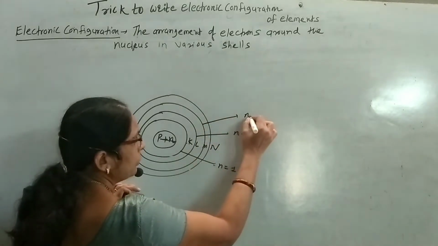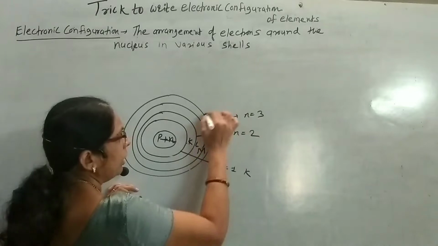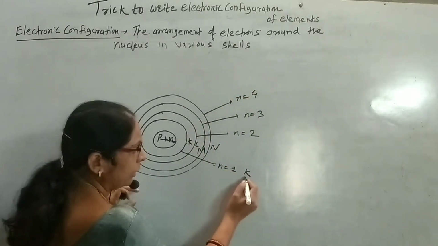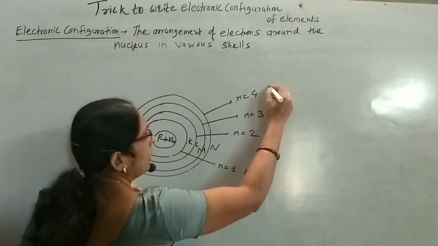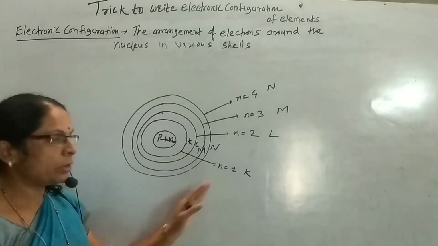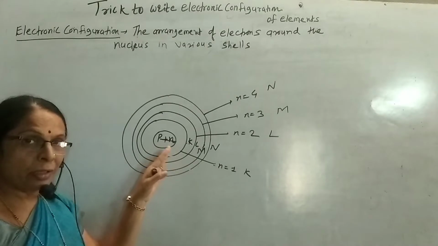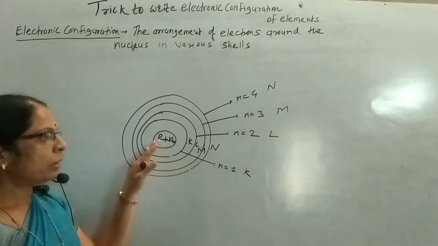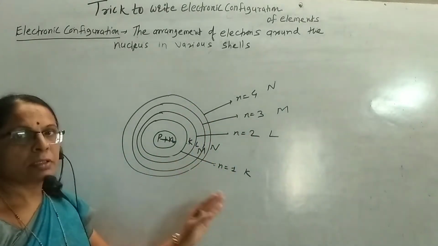When n is equal to 3, it is the M shell, and when n is equal to 4, it is the N shell. As we go away from the nucleus, the energy of the shells goes on increasing.